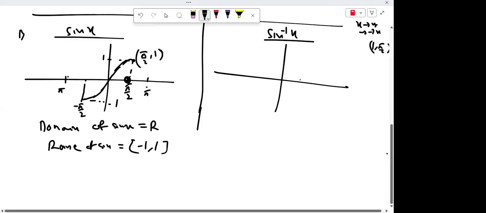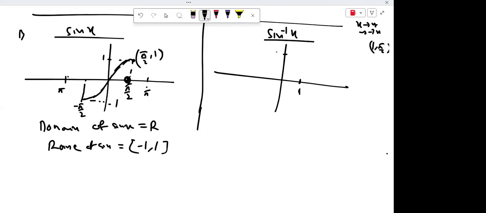So at x we plot 1 and at y we have pi by 2. This point was minus pi by 2 comma minus 1, so we'll draw -1 comma minus pi by 2. Got it everyone? So the graph looks like this.